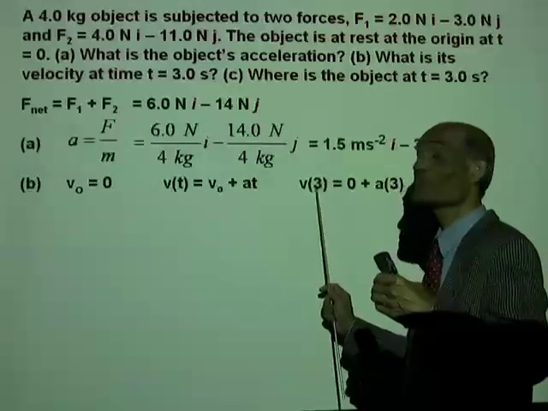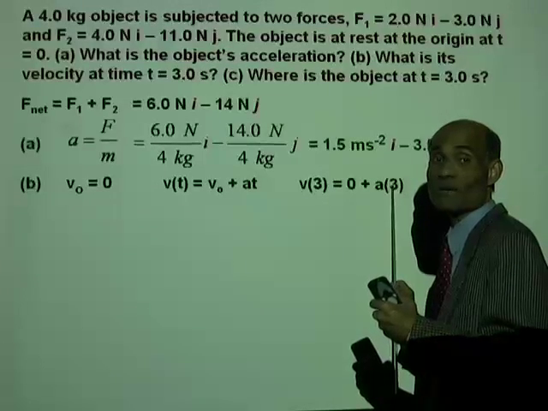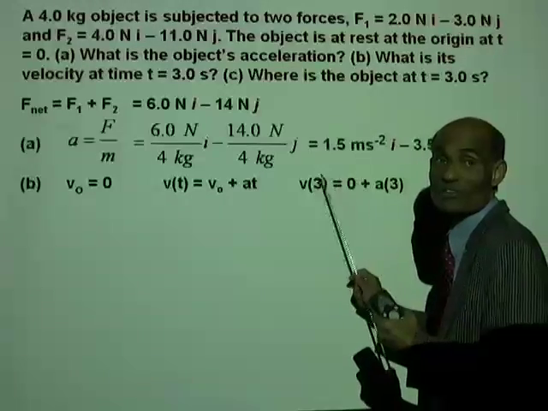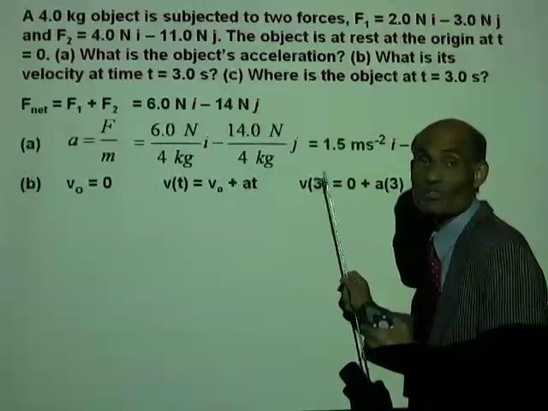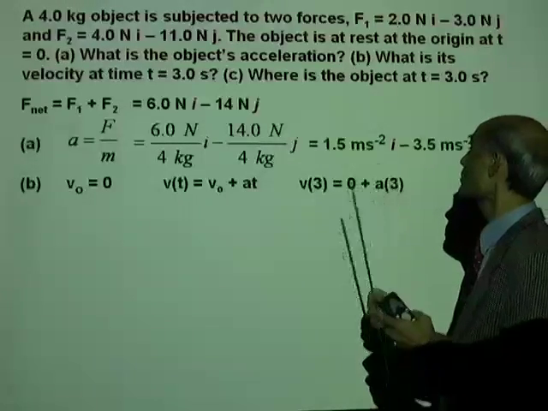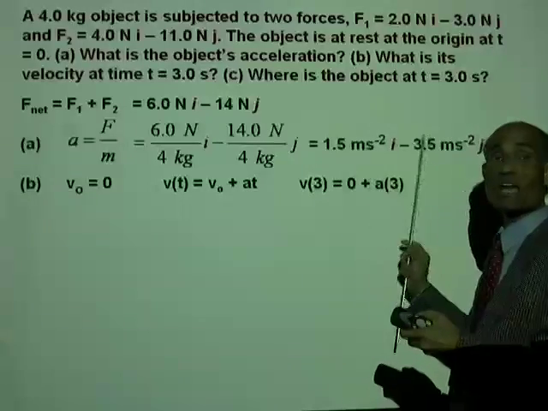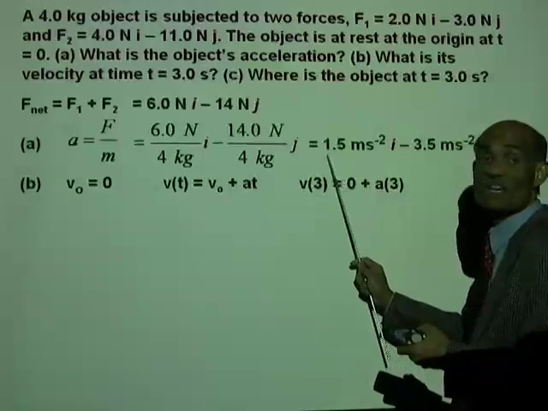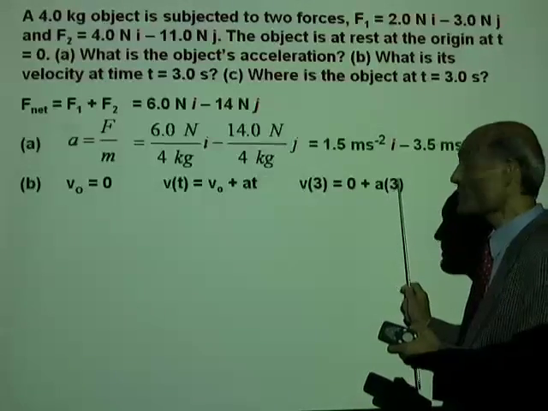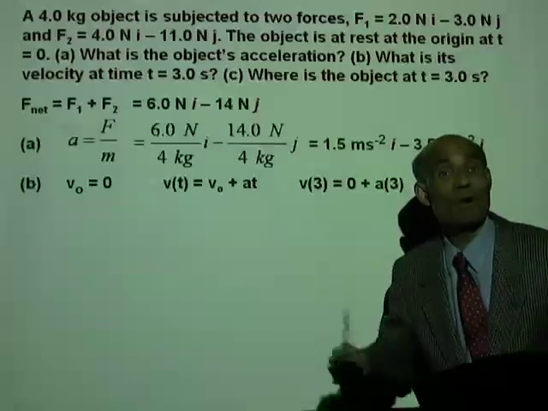Velocity at the end of 3 seconds is acceleration multiplied by 3. Now, when you use acceleration, the x value will be the x velocity. If you use the acceleration, the y value will be the y velocity. And we can write it together. In other words, if this is the acceleration in the component form, multiply that by 3, you will get the velocity in the component form.